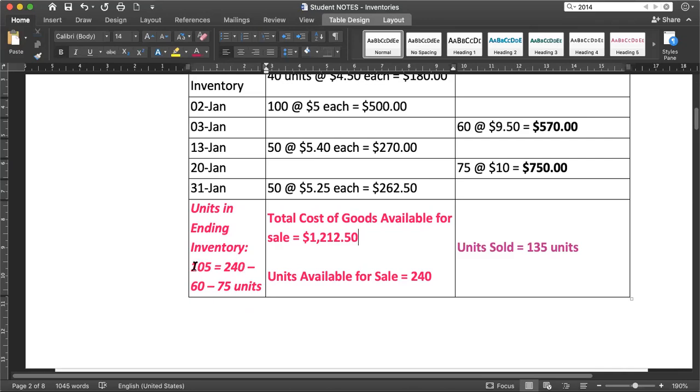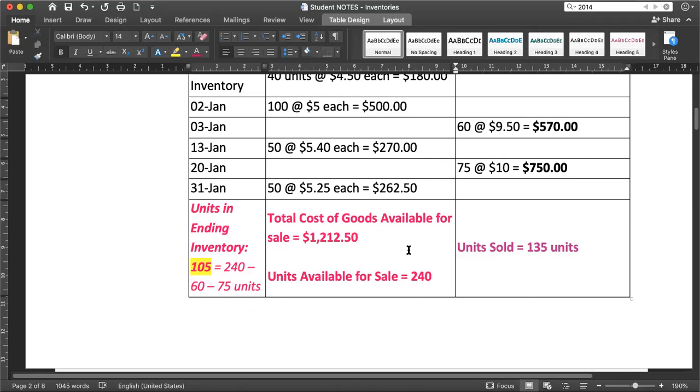Let me just emphasize this one here. The ending inventory was 105 units. Now the next question is, how much did those units that we sold cost? How much did those units in ending inventory cost?